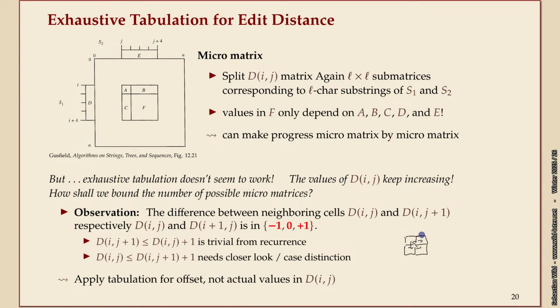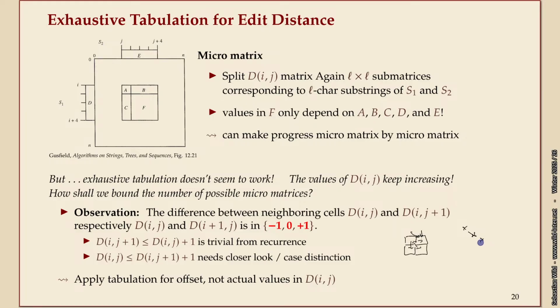So if this cell takes its minimum from above or from here, then you can work out that it might end up being 1 smaller than the left neighbor.